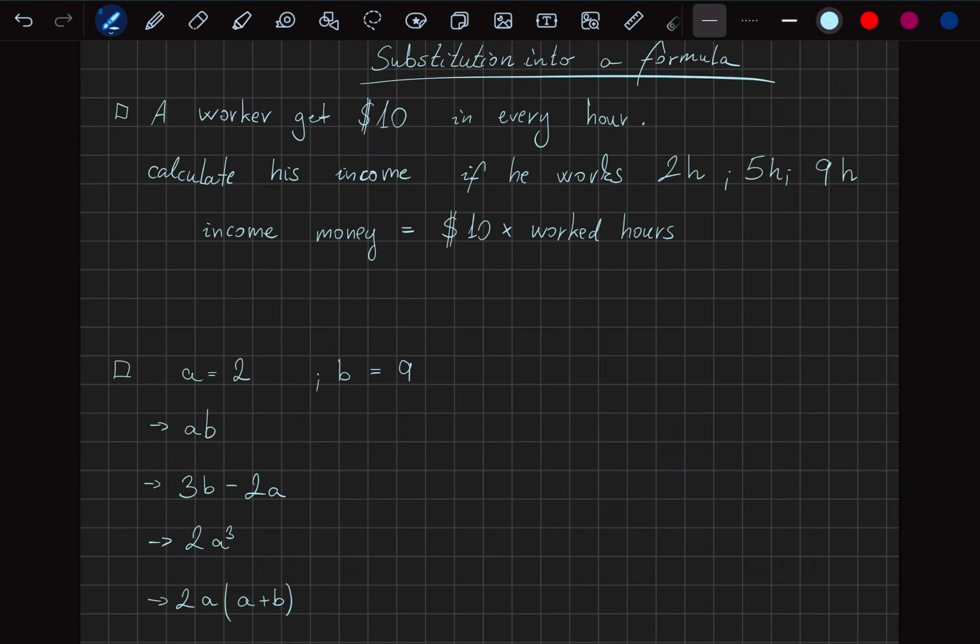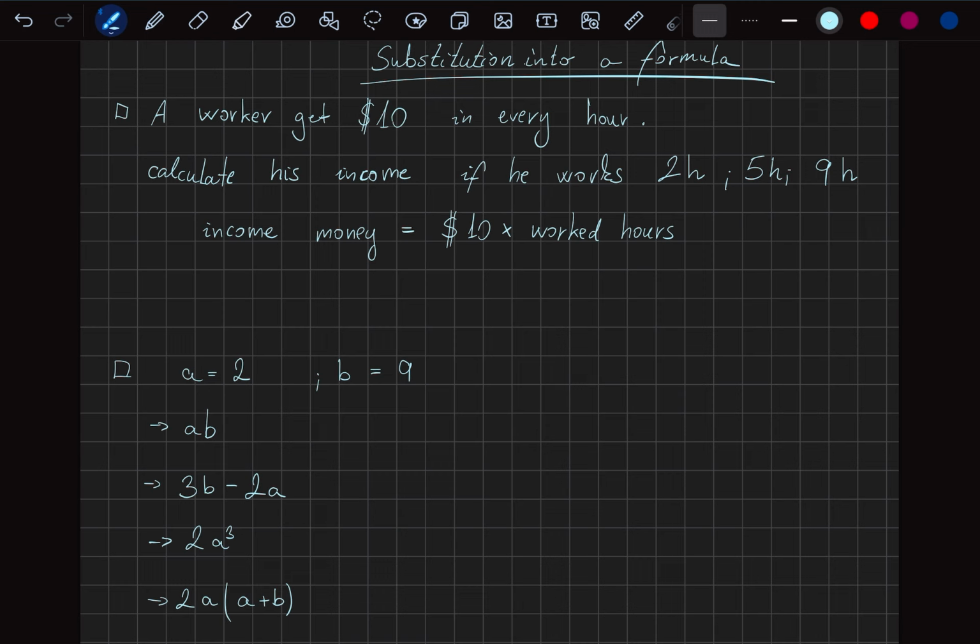This is the formula, and we know it's a linear ratio. If 1 kilo of banana is $2, then 2 kilo is 2 times $2, and 4 kilo is 4 times $2. So this is what we will use.